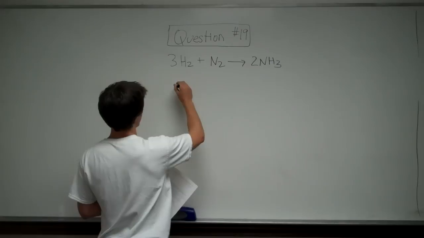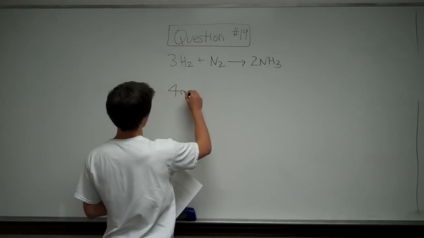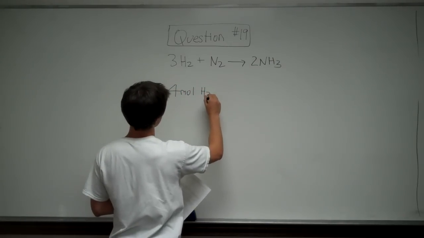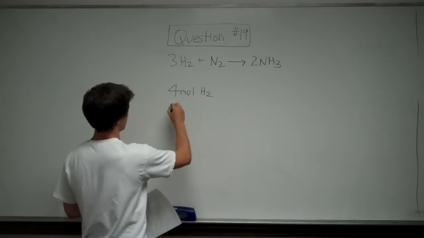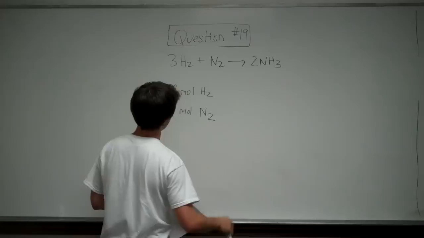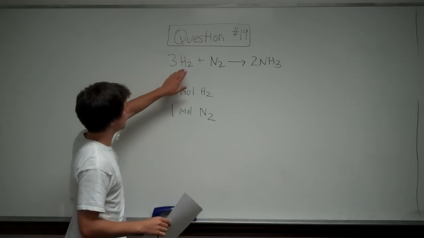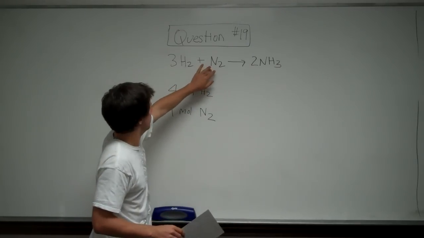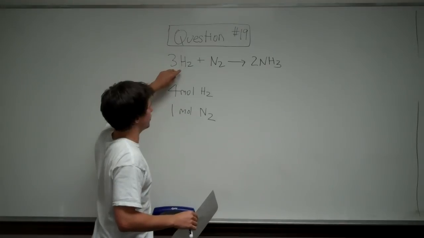So suppose you had 4 moles of hydrogen for this reaction and 1 mole of nitrogen. Well, you can see in this reaction that for every 1 mole of nitrogen, you need 3 of hydrogen.